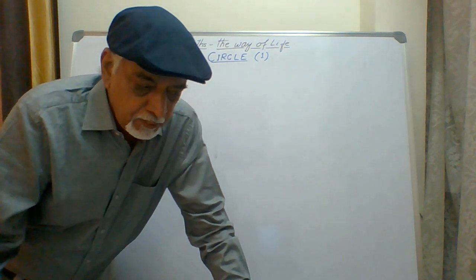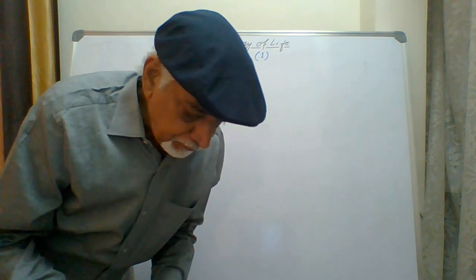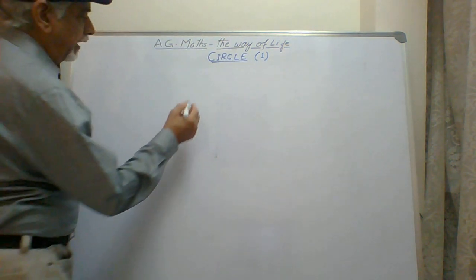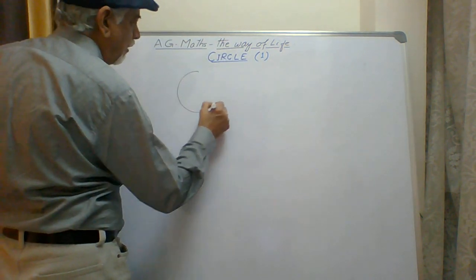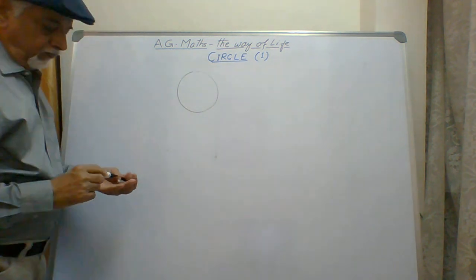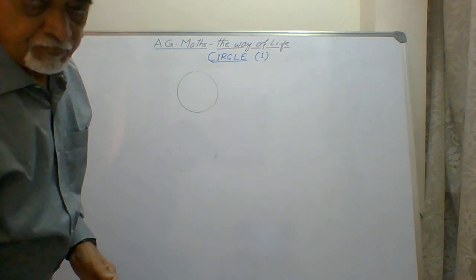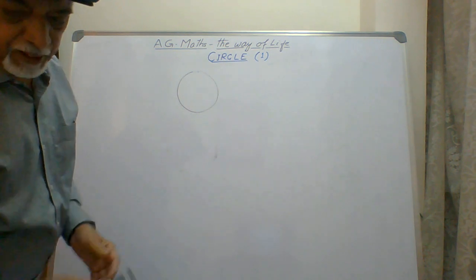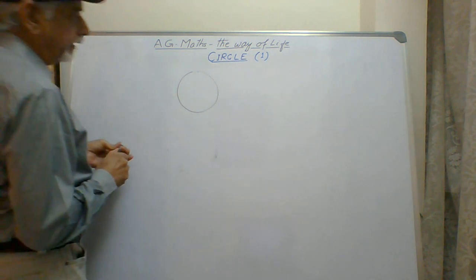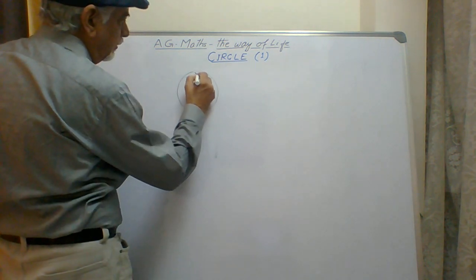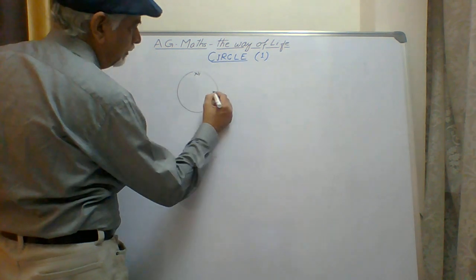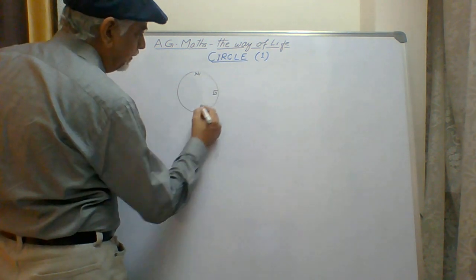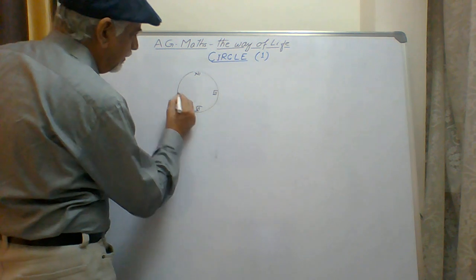In a clock, what happens? You will observe that if this is a clock, it's round in shape, and we have markings on the clock like 12 is here, then there's a mark of 3 here, and a mark 6, and a 9.